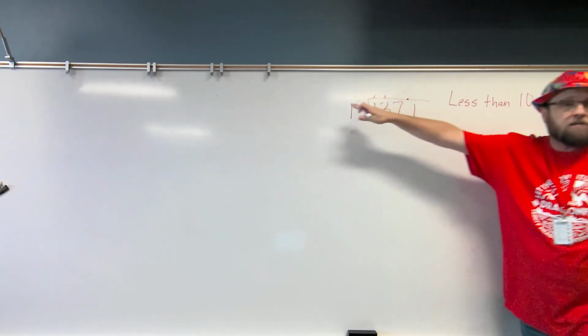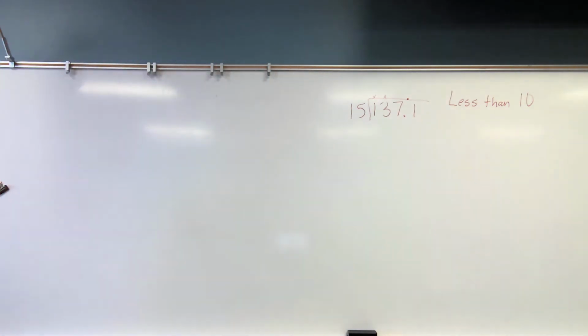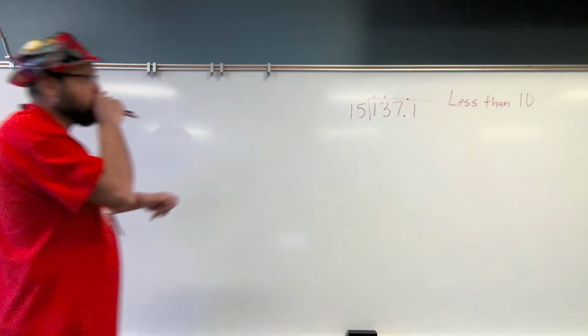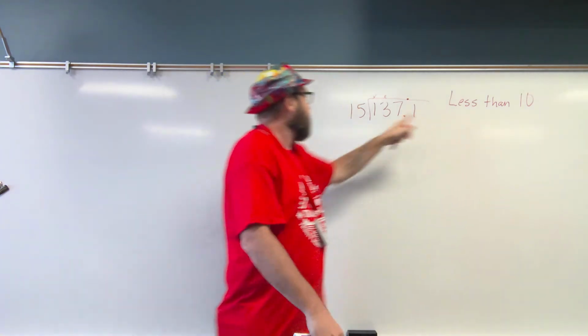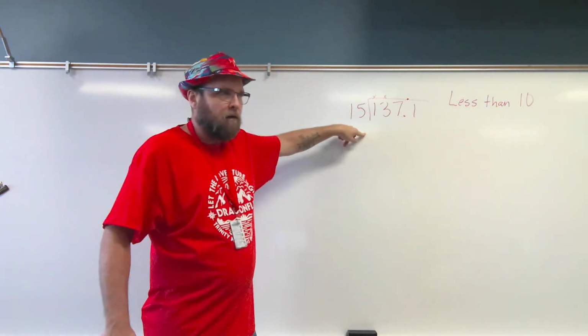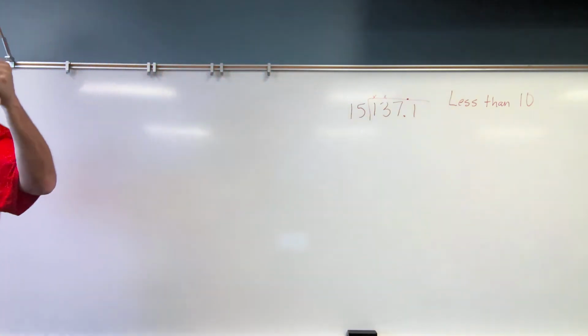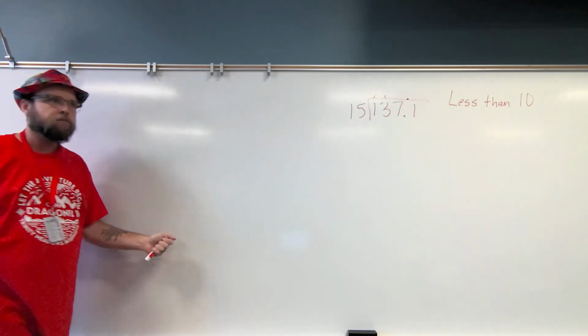I know it has to be less than 10. So if I get an answer that's bigger than 10, that is just cray-cray. I could also, if I multiplied 10 times 15, I'd get 150, which I know is greater than 137. I know that because I can count on my fingers and toes.